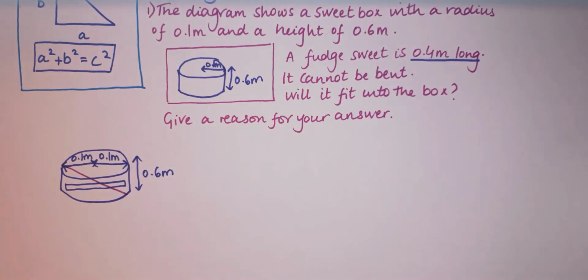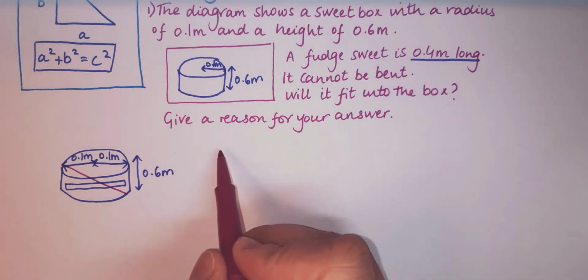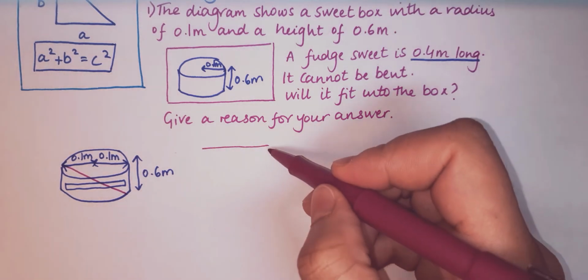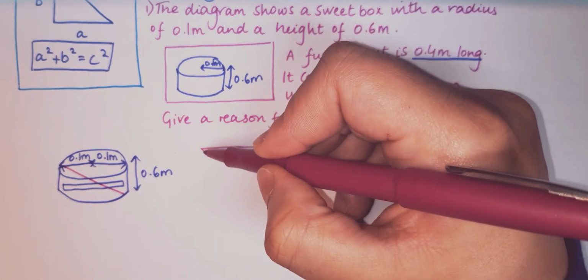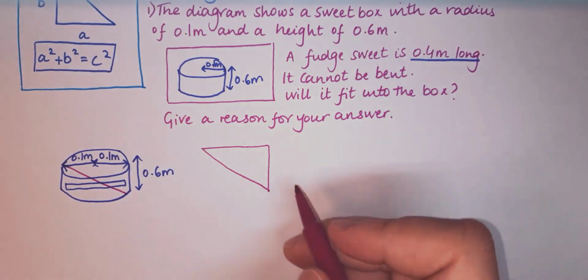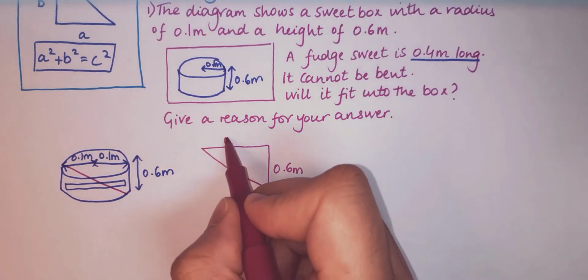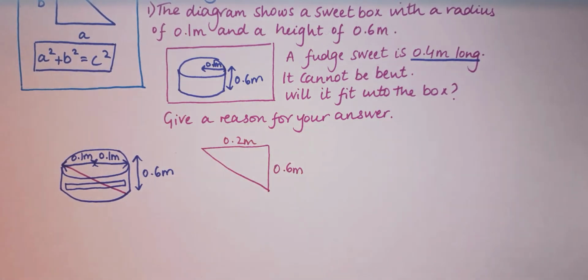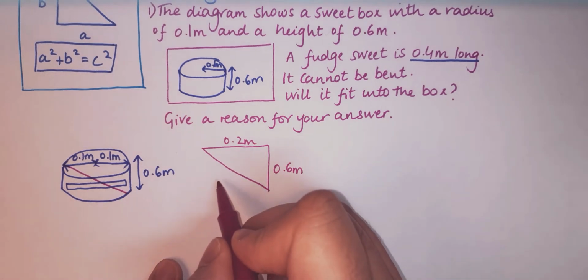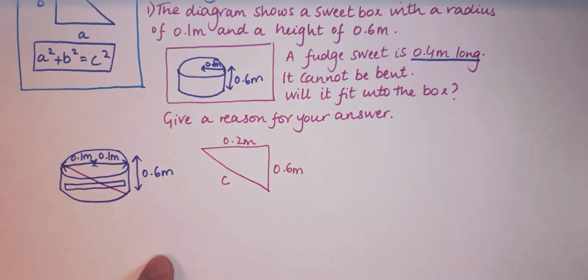Now, this looks similar to a triangle that we could draw, and this triangle could look like this. We've got 0.6 meters here, and 0.2 meters here. And this we can label C, or X, any unknown component, we can call it anything.